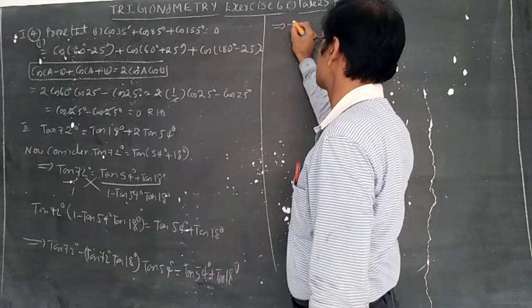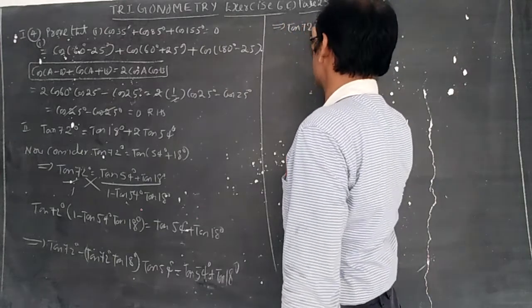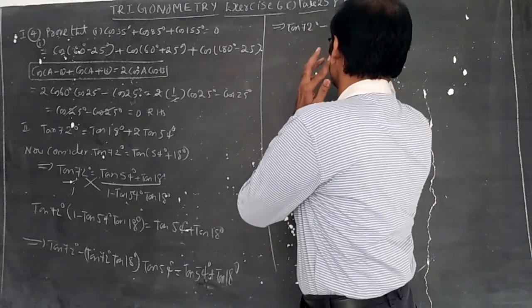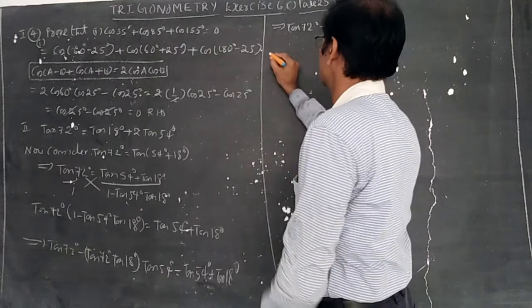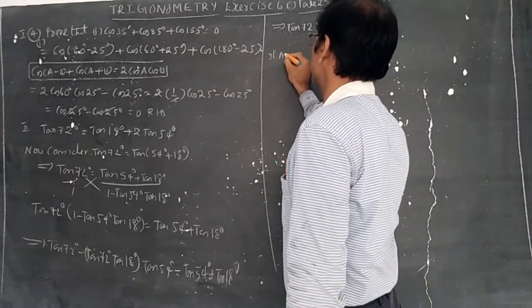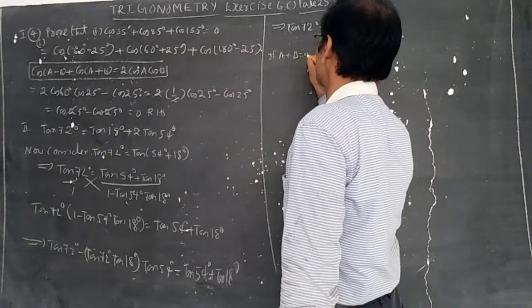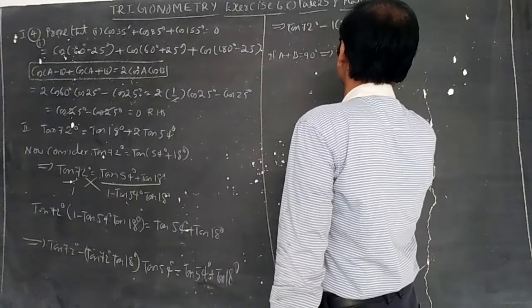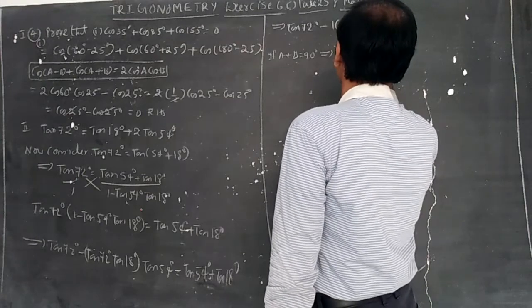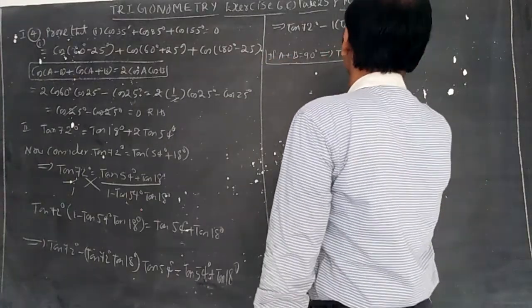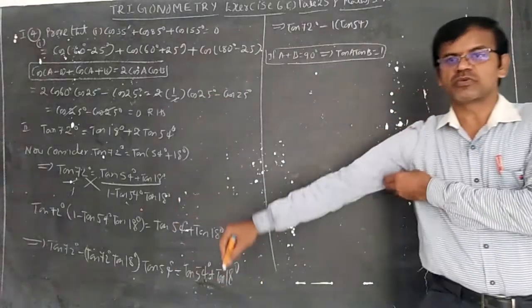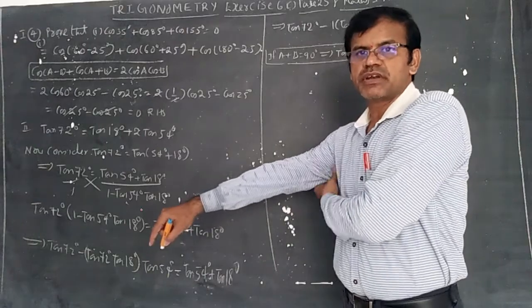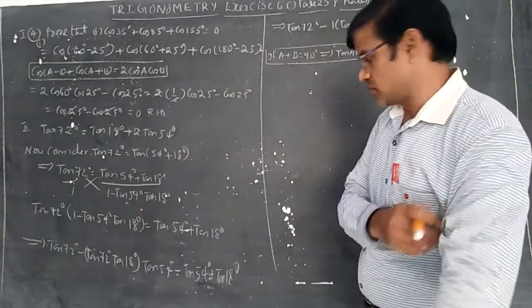That implies tan 72 minus 1 into tan 54. Why? Because of the formula: if A plus B is equal to 90 degrees, then tan A into tan B is equal to 1. So tan 72 into tan 18 is equal to 1 because 72 plus 18 is 90.